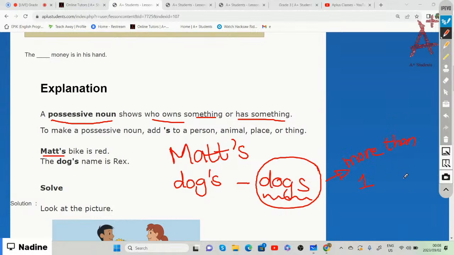But if you put the apostrophe S, it shows one dog, one person, one place, one thing, that specific thing that owns something or has something. Without the apostrophe, it means it is more than one. It shows plural form.